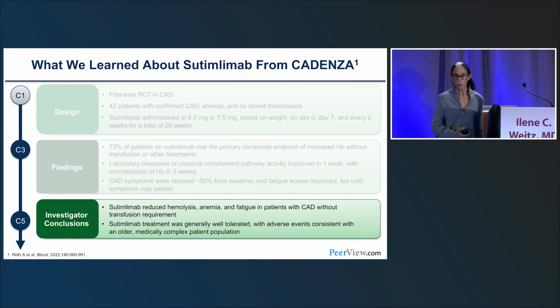So the conclusions: sutimlimab reduced hemolysis and improved the anemia, reduced the fatigue, and it's very well tolerated, and the adverse events were no different than you would see in the older population in general.